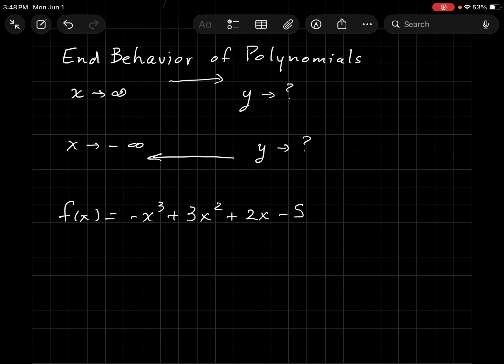And my claim is that the highest power term with its coefficient is all we really need to know to determine the end behavior. That is, all of the other terms, they're important to get the detailed part of the graph, like finding zeros and intercepts and other things like that. But the end behavior is determined by the highest power with its coefficient. In particular, is that coefficient positive or negative?